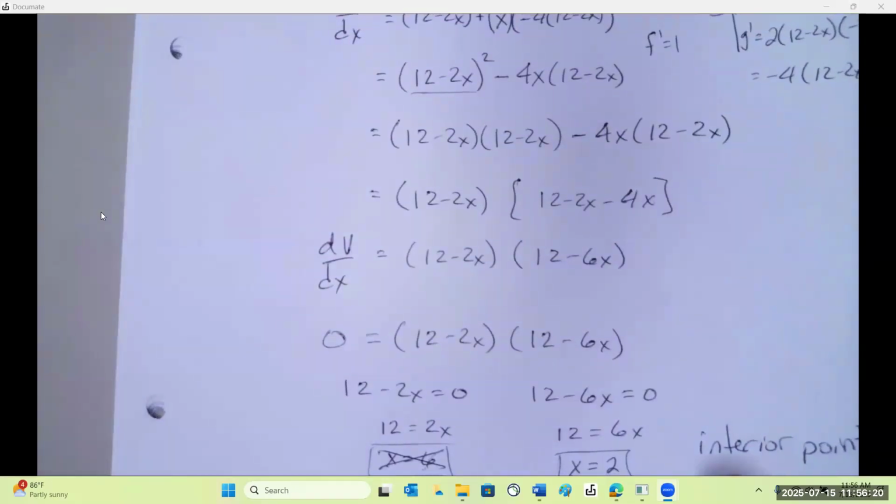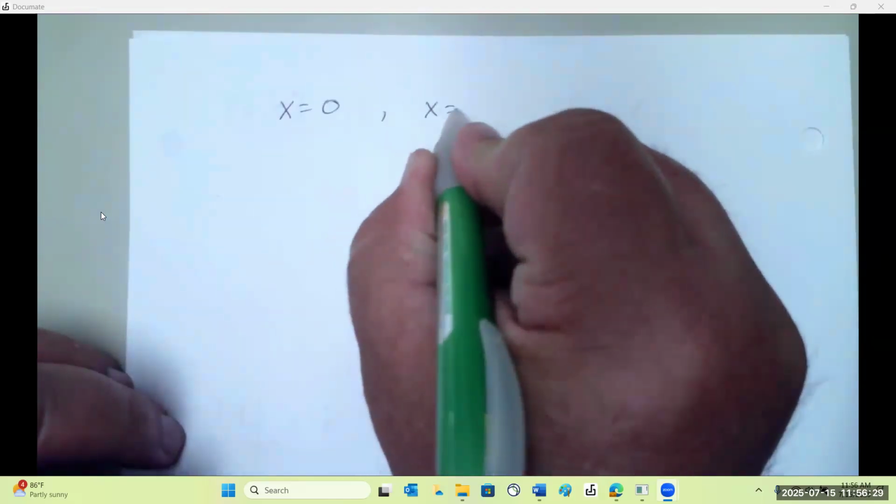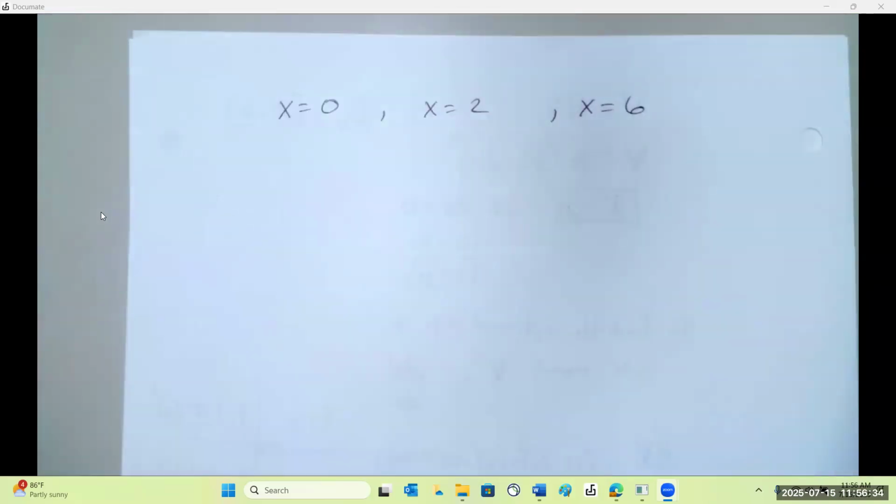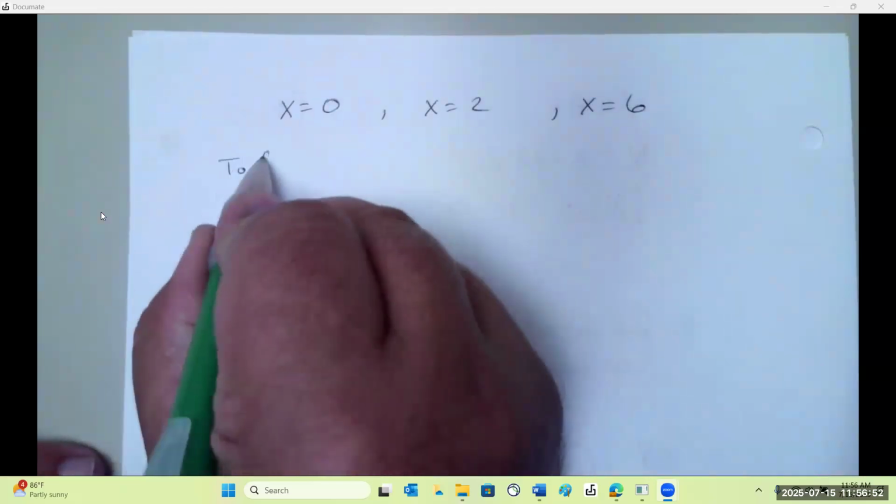So do we have our 3 points? What we have is x equals 0, x equals 2, and x equals 6. These are the endpoints and the interior point. Where do we plug those? How do we find the location of the extrema points? Right.